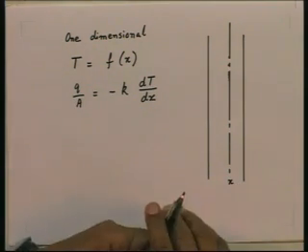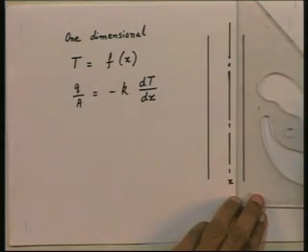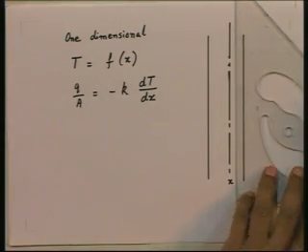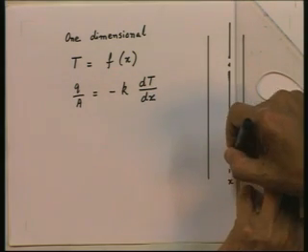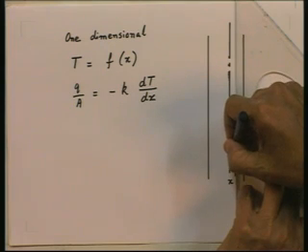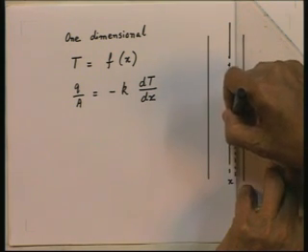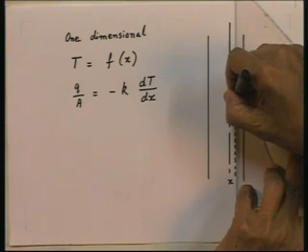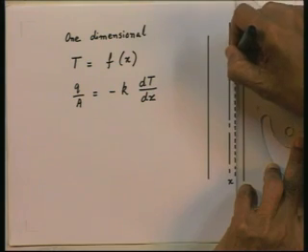Also consider another plane which I will show in a slightly different manner, at a distance x plus dx. Let us say a second plane at a distance x plus dx, like this.